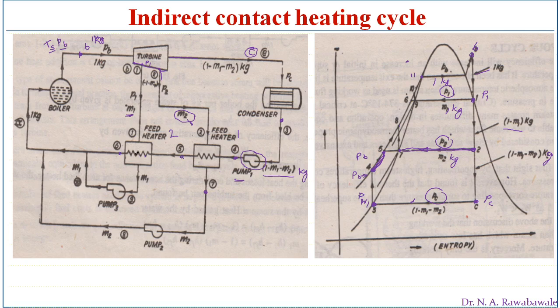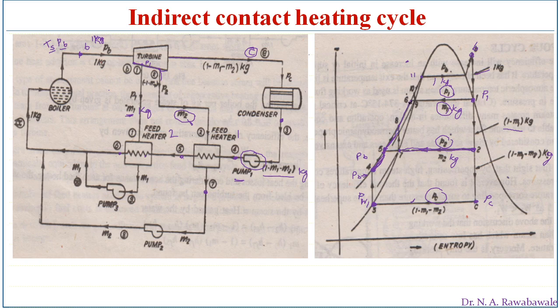So the condensate absorbs heat energy from m1 kg of steam and increases its enthalpy from 5 to 6.